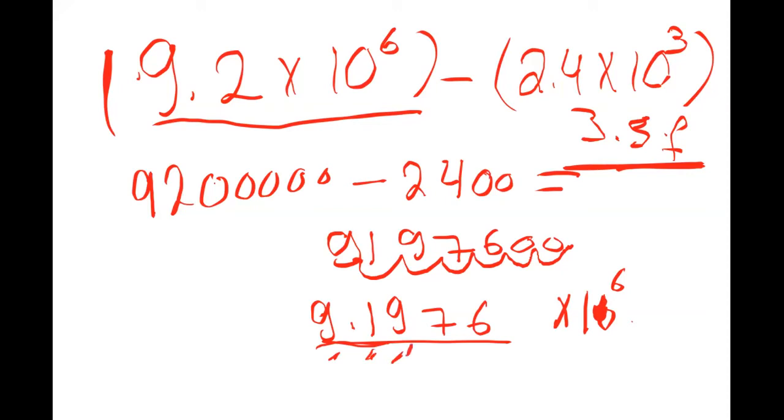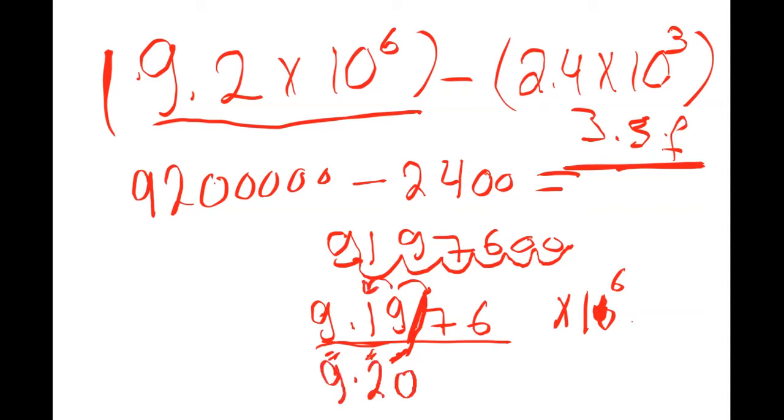So my 9 is my third significant figure. I stop at 9 and I check the next digit after 9, which is 7. So 7 is a rounding-up digit. So the 9 becomes 10, so this becomes 0, and I carry 1 to the next digit. So it will be 9.20.